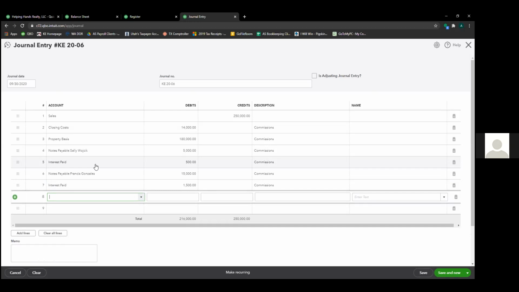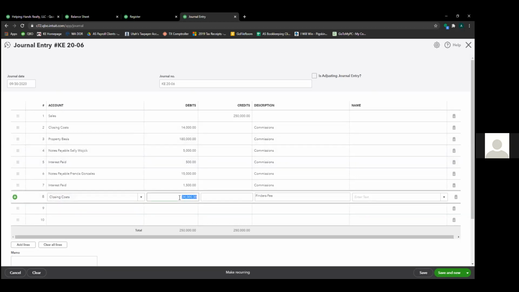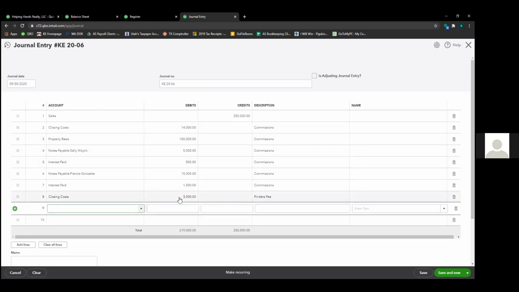They're not part of our company, we're just paying them for it. Sure. That one is going to be very similar to the real estate commission, so we'll just hit closing costs. Oh, okay. This would be a finder's fee or something like that. Yeah, that's a pretty common one we see on closing. Let's just change it to 3,000 or something. Yeah, there we go.